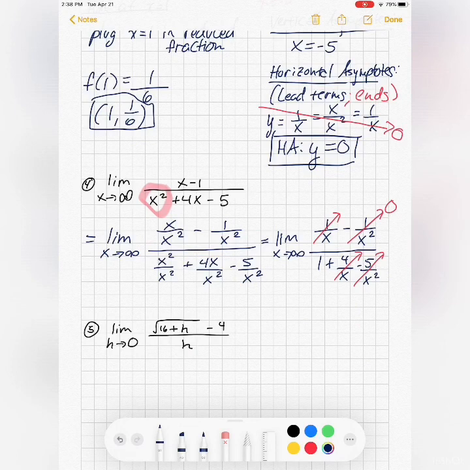So what will that leave me with? Leave me with a 0 in the top and a 1 in the bottom. So the result there would be 0.